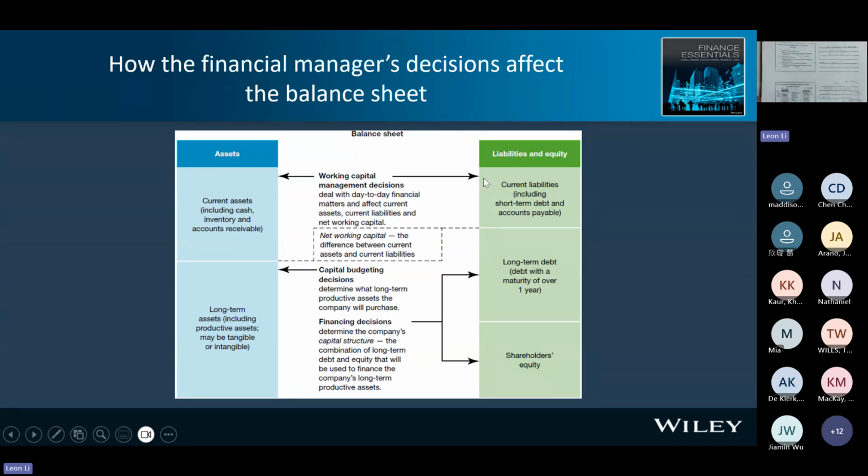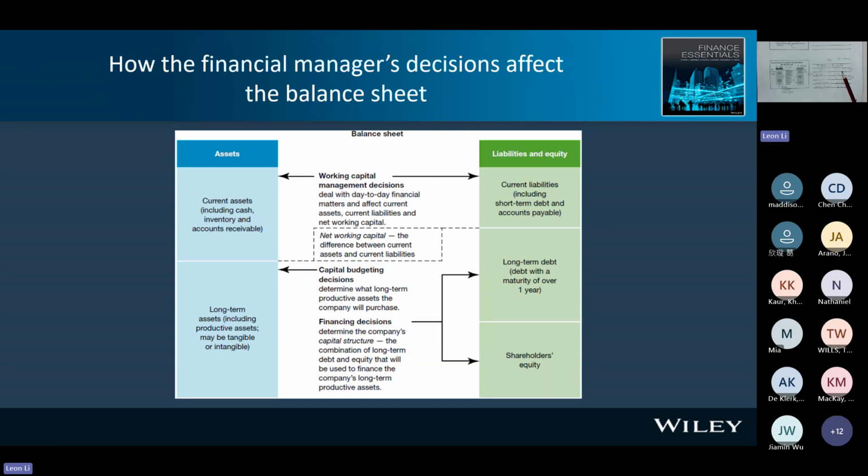So again, let me use my handwritten note to show you how I remember the balance sheet. This is my way to remember the balance sheet. The balance sheet will show me how the money is raised. So we can raise our money by CL, current liability. Again, current means short-term.